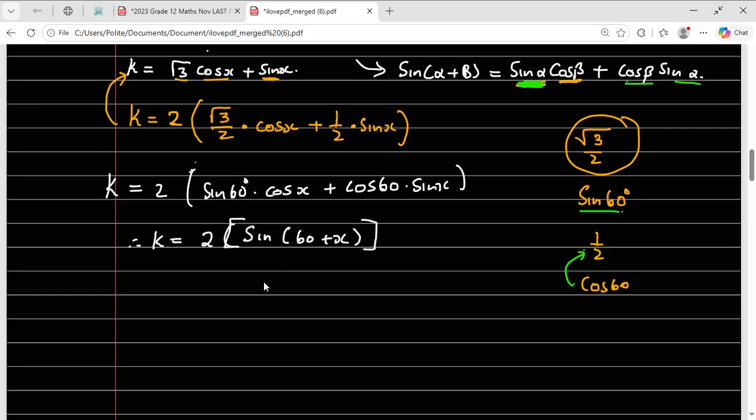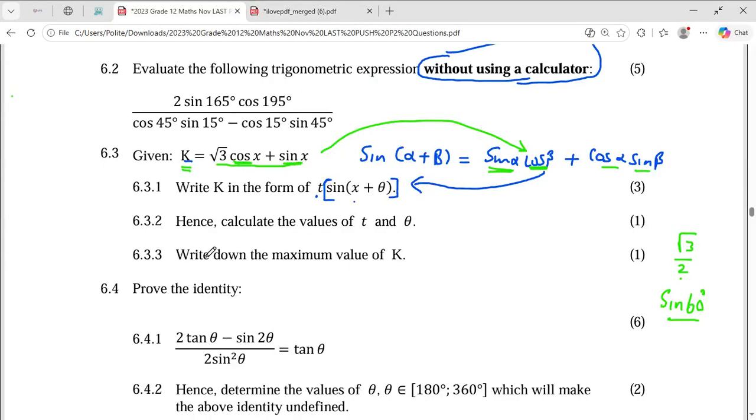You are done. This is in the form of 2 into the sine of x plus theta. Nice. Okay, and then you can just leave it like that. Next question, write down, okay, hence calculate the value of t and q. When they say calculate, they are definitely confusing you.